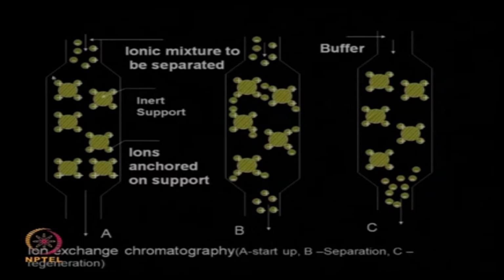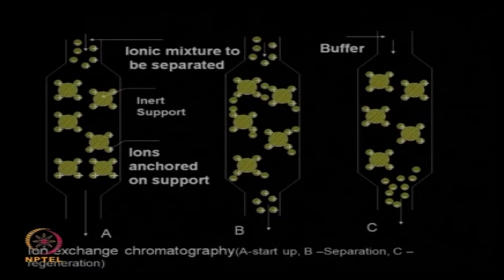So similarly we can also have negative ions anchored to the support, and the same thing can be performed. So you can have positive ions anchored to the support, you can have negative ions anchored to the support. So either you can have anion exchange chromatography or you can have cation exchange chromatography, or you can have both the ions anchored to the support.